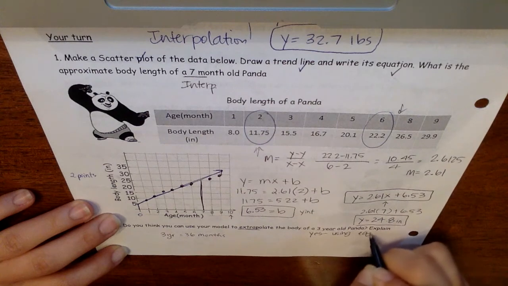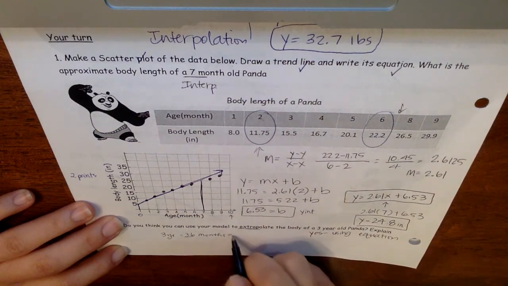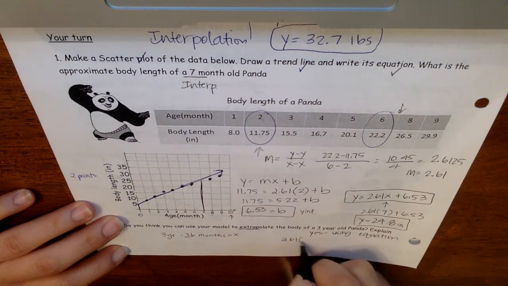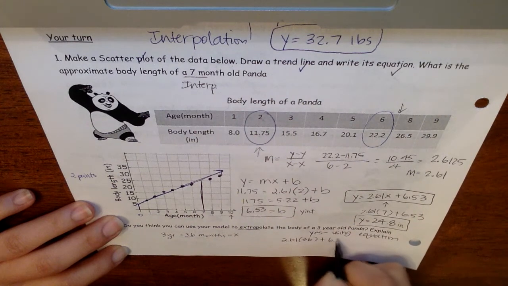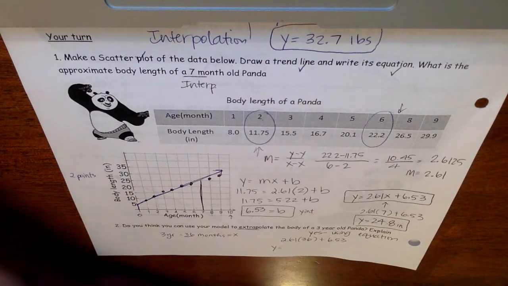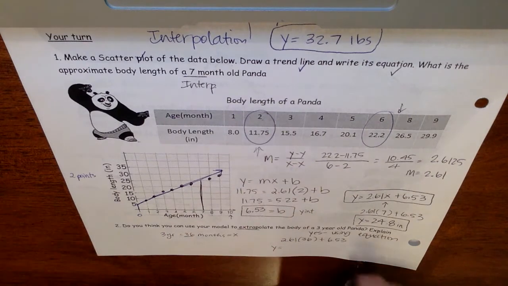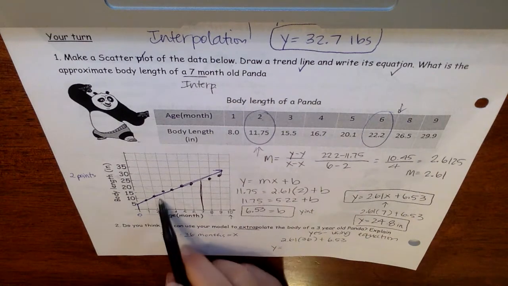using the equation. We would need to type in 36 months for x, so 2.61 times 36. And then you need to change it to months, because if you use just 3, then it would say 3 months right here.